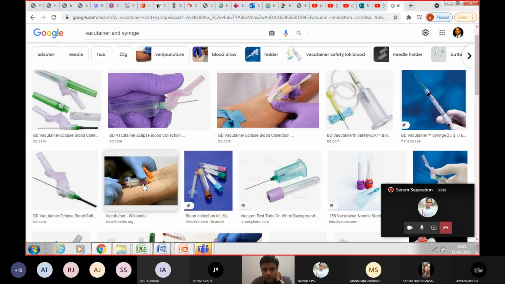Now here what you need to do is just prick in the vein, okay, and blood will automatically start coming into the vial because a vacuum is created, right? So in these tubes a vacuum is created which will automatically start pulling the blood, okay. So in this case the person does not have to pull the syringe, right?